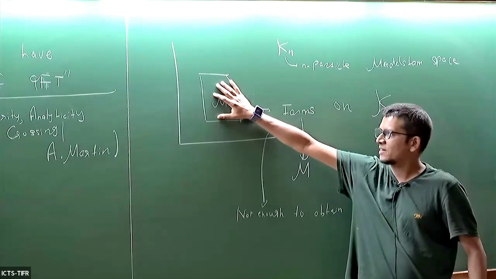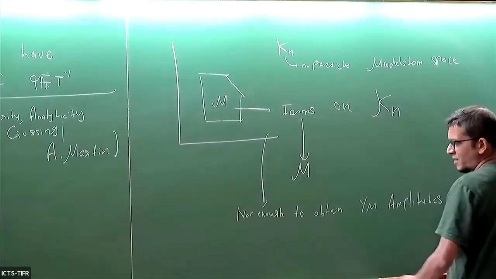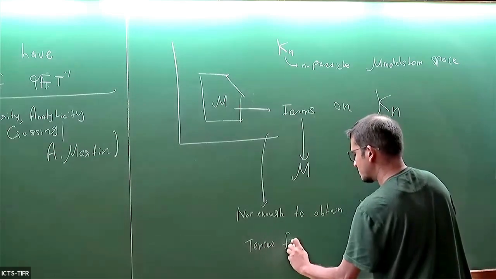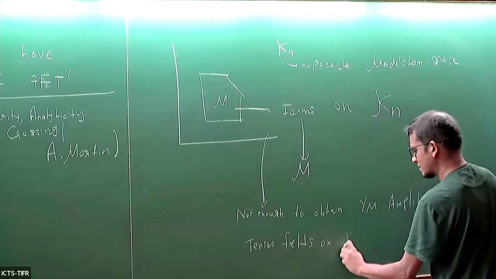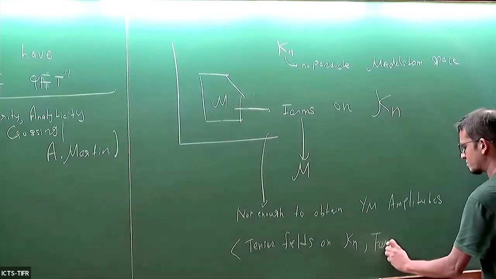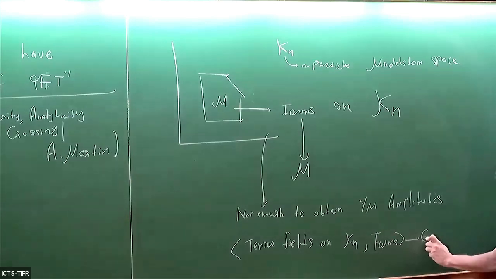But as we will see, there will be some tensor fields which will also geometrically emerge on K_n, and whose contraction with these forms will give us gauge theory amplitudes.